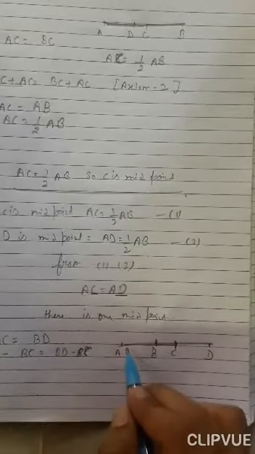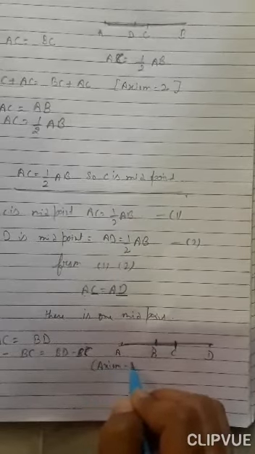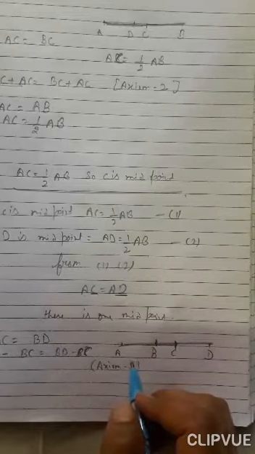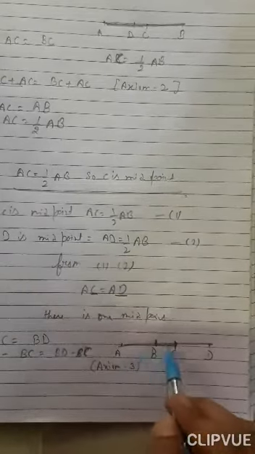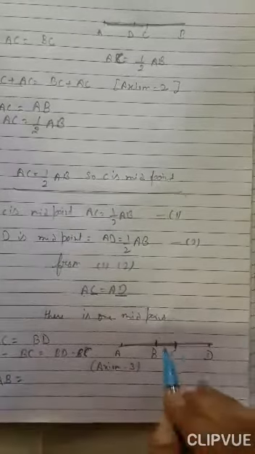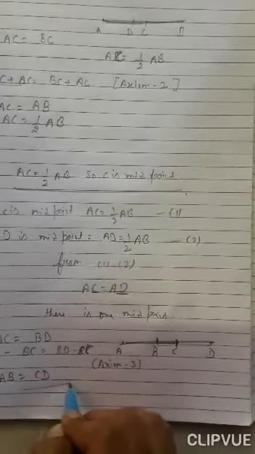Okay. Which axiom have we used? We have used here the third axiom, that if equals are subtracted from equals, then the remainders are equal. So AC minus BC, what is left? That is AB. And BD minus BC, what is left? CD. And this we had to prove.